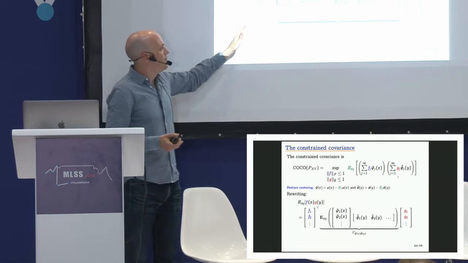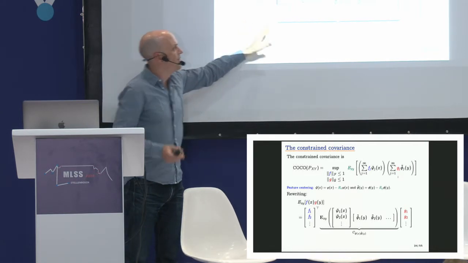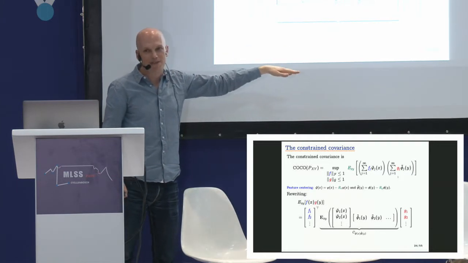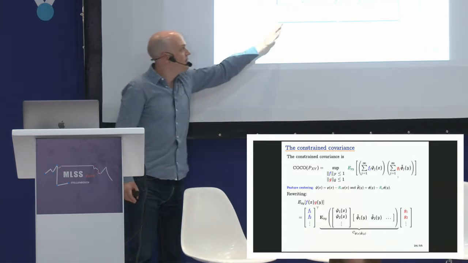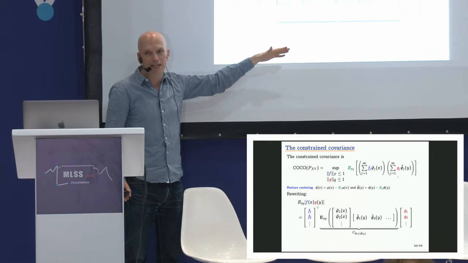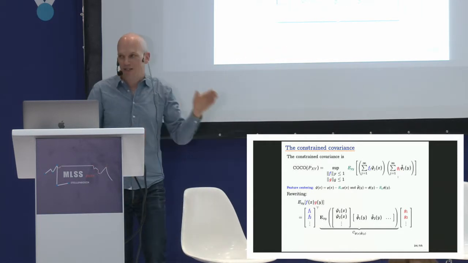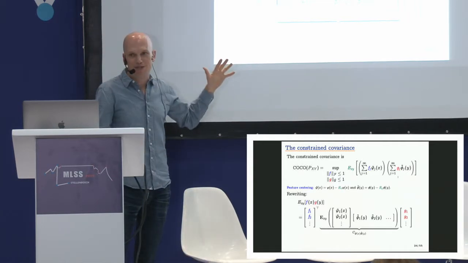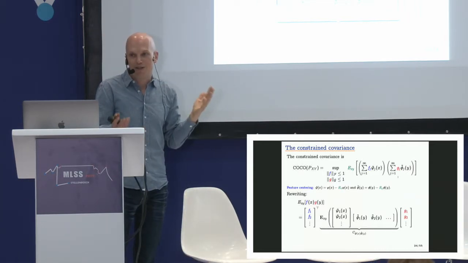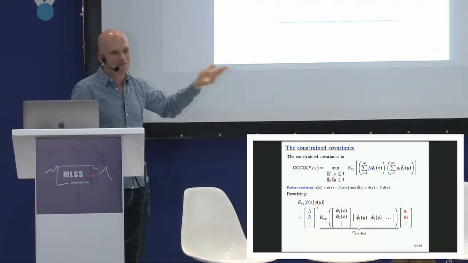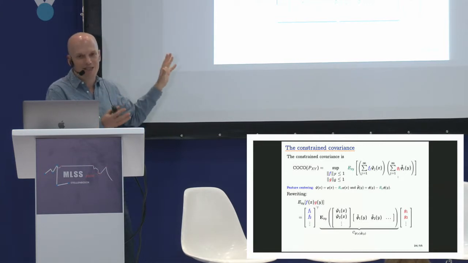So what you can see now is f transpose, gigantic matrix of infinite size, vector g. Each entry of this matrix is a product of one of the features of x and one of the features of y. So in a sense, here is my dictionary of features of x, here is my dictionary of features of y. I take every single pair of features that I can define, I make a matrix of those pairs of features, and I take the expectation. That's the expected covariance of all my centered features of x's and y's. It's an infinitely big matrix, that's a problem, but this is what I'm doing.